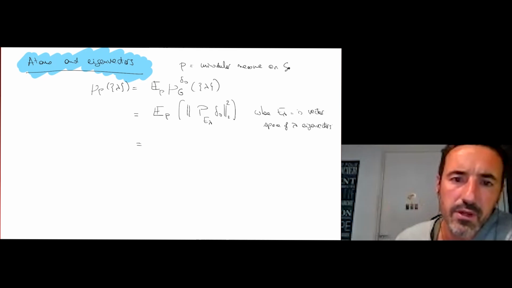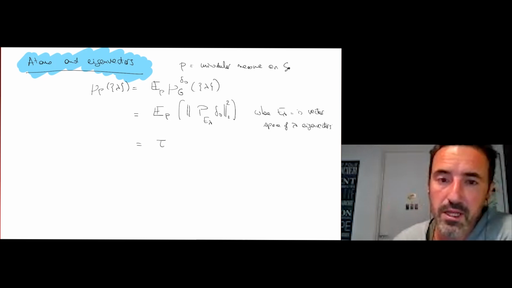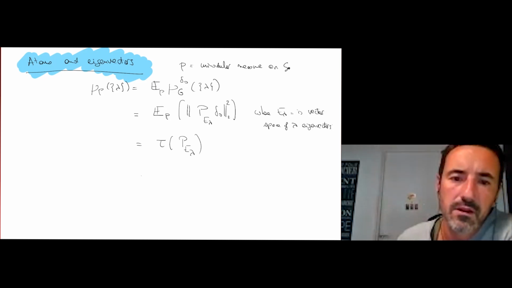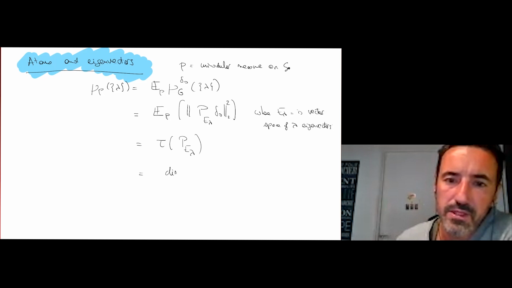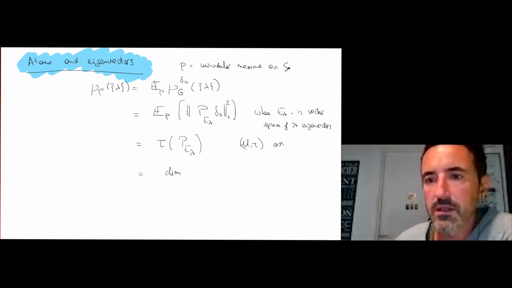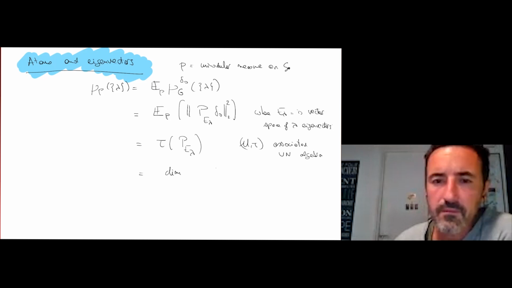Okay, so this is an element of your von Neumann algebra, so you can also write that as the trace tau of the orthogonal projection onto this set, where tau is associated with the von Neumann algebra. And this is a von Neumann dimension.